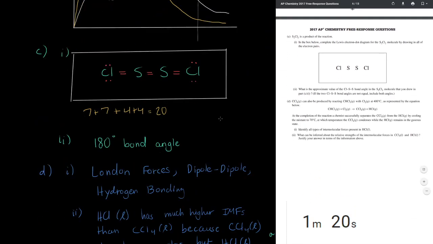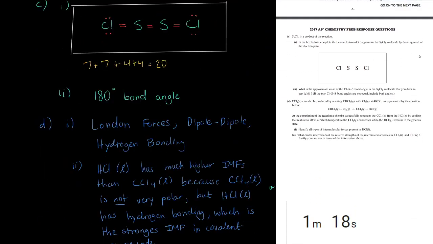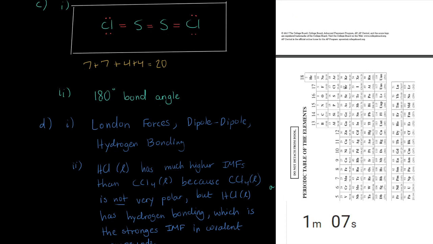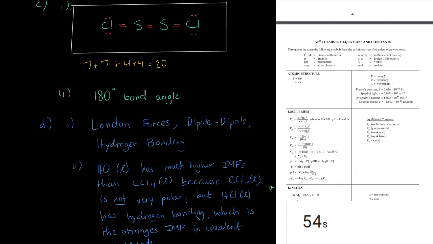Oh, the Lewis dot diagram. Again, I'm going to need to review these, but we've got 1 minute to see if we've made errors. Have I made errors? Most likely. So each of these chlorines, again, is corresponding to 7. Each of the chlorines is corresponding to, oh, shoot. Each of the chlorines is corresponding to 5.